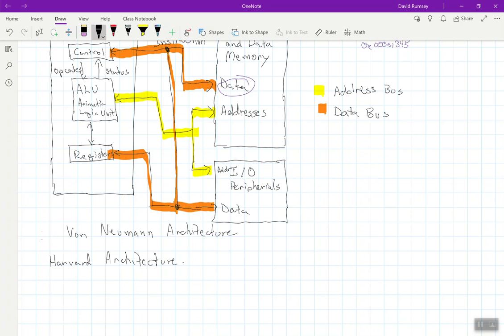Now, the main difference here is the number of buses and that data and instructions are stored in separate memory.